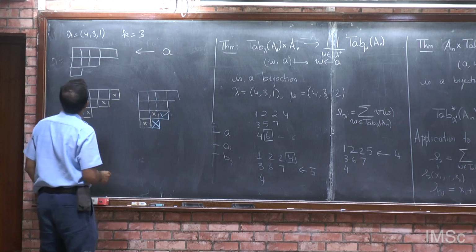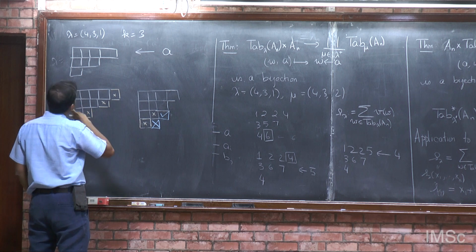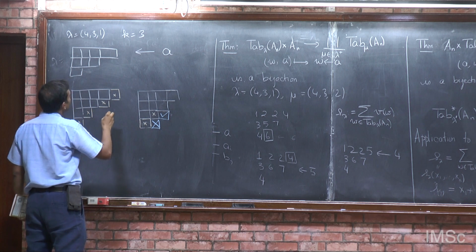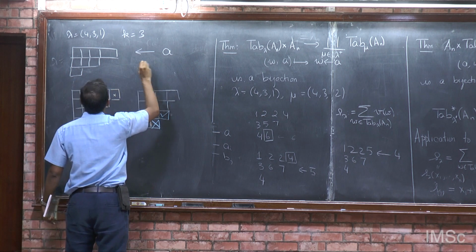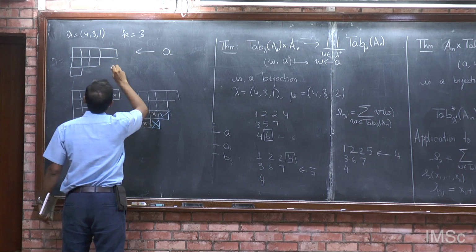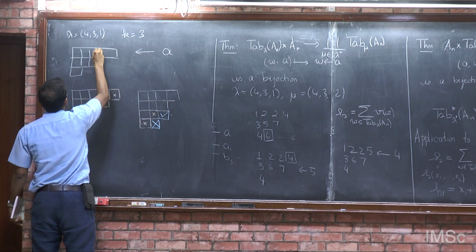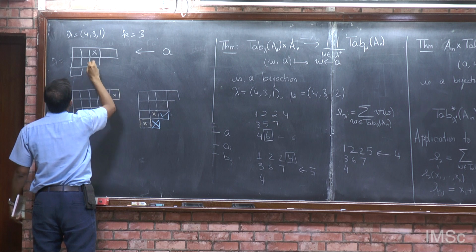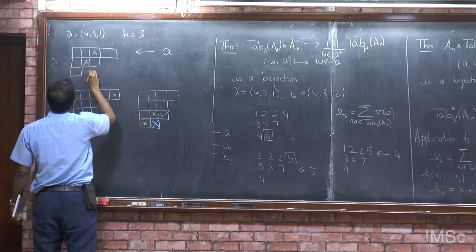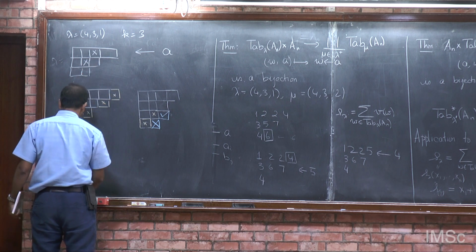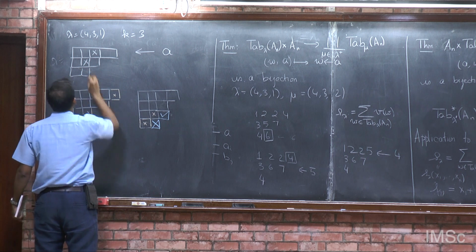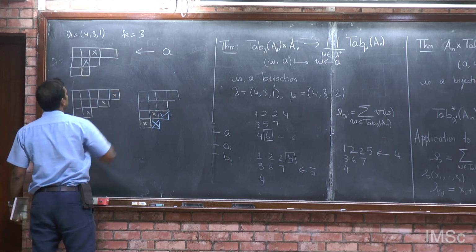Then it is going to bump out something a1 and some path it will take. So, maybe it will bump out something from here, which will then bump out something from here, and then maybe it comes to rest over here at the new box.